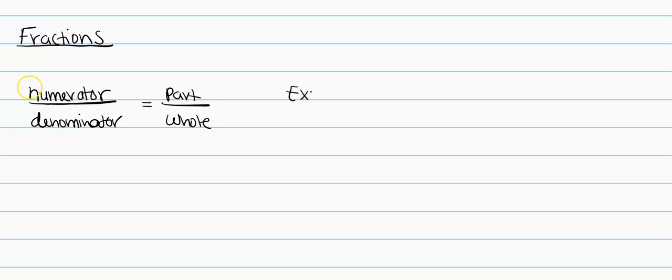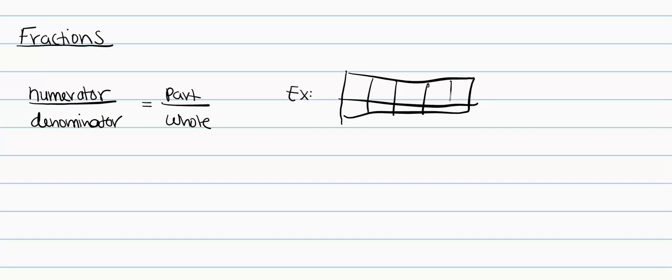So for example, if we have a candy bar, and it's broken into 2, 4, 6, 8, 10 pieces, my denominator will be 10. But say I take 3 pieces.